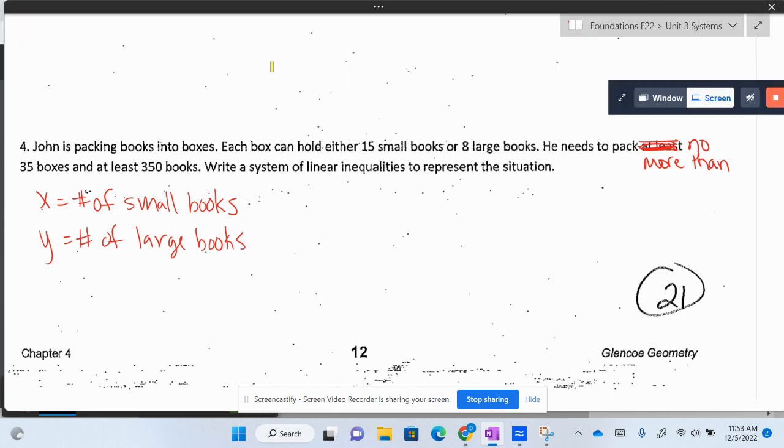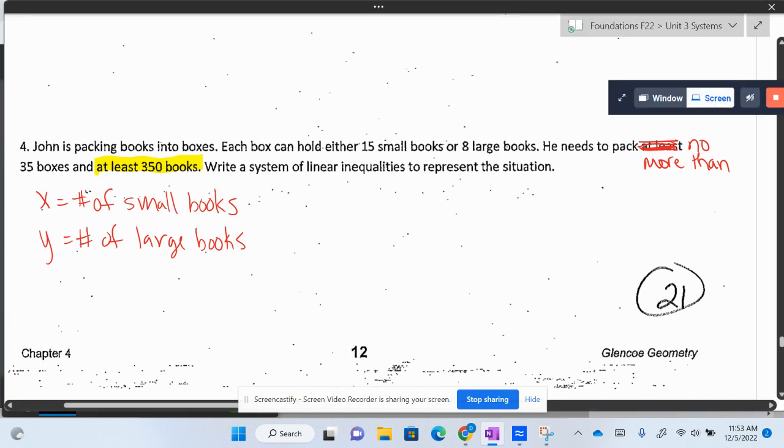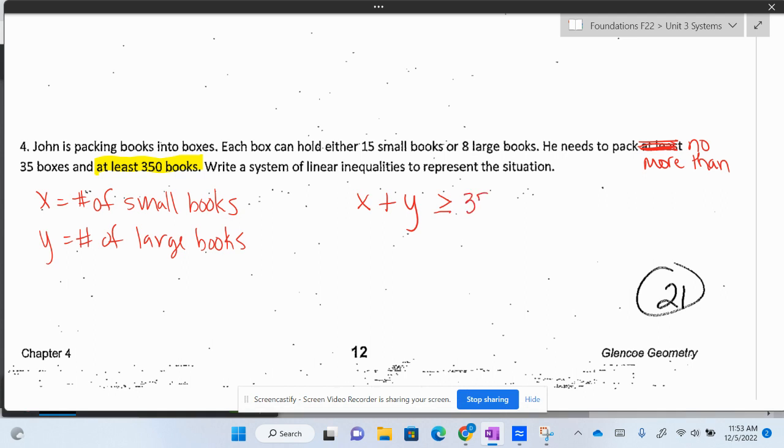He needs to pack at least how many books? At least 350. So that means the number of small books plus the number of large books has to be at least 350. Okay. What about the next one?